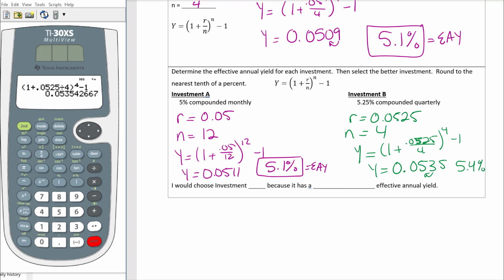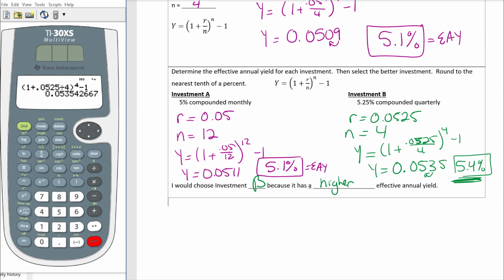And so which investment should you choose? You have 5.1 for investment A, which is the effective annual yield, and 5.4 for the effective annual yield for investment B. So we will choose investment B because it has a higher effective annual yield. 5.4 is much better than 5.1.